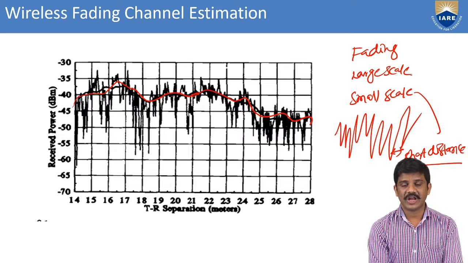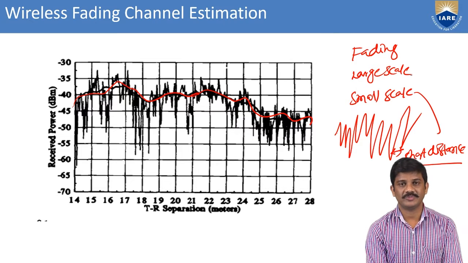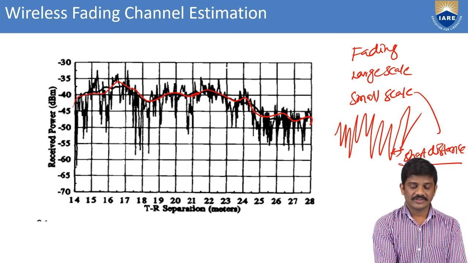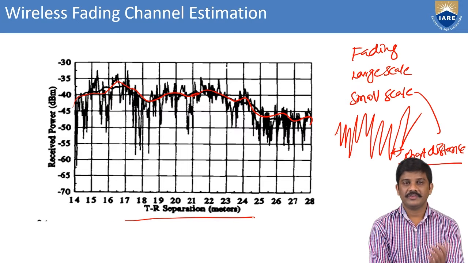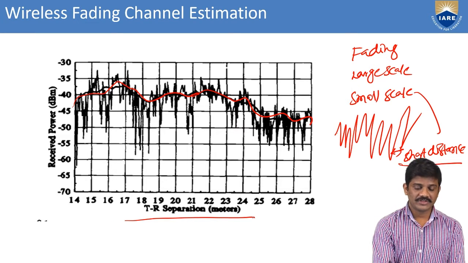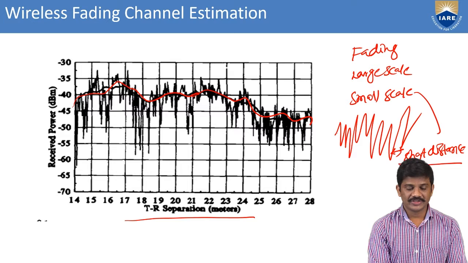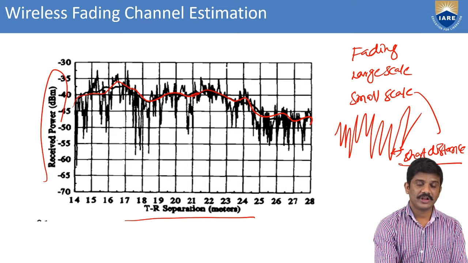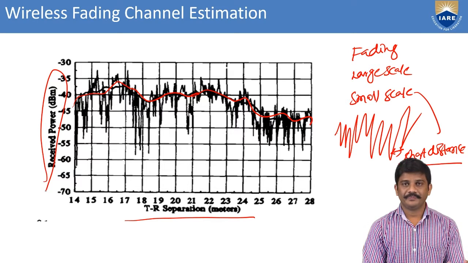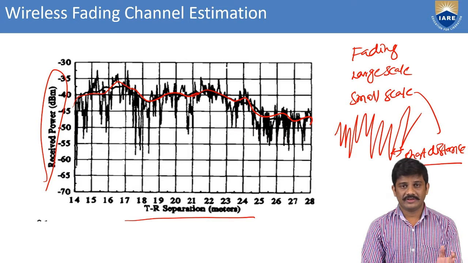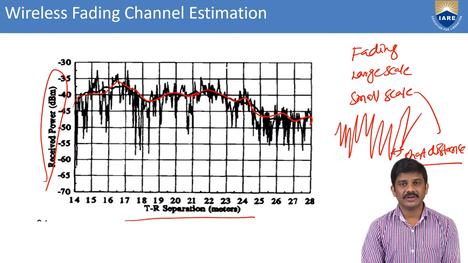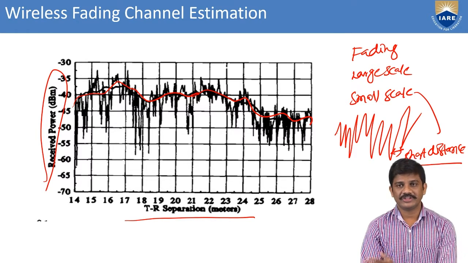Coming to large scale, we have a large distance between the amplitudes, and here we consider the transmitter separation in meters. Based on the propagation, we have the received signal between the two, traveling from the transmitter section to the receiver section.